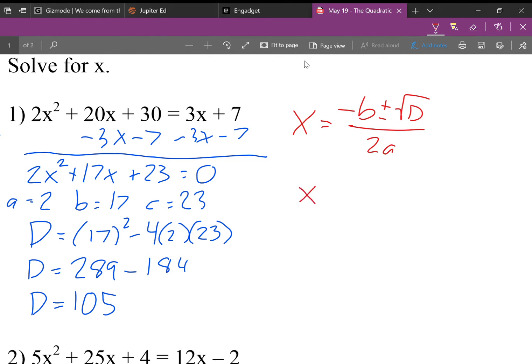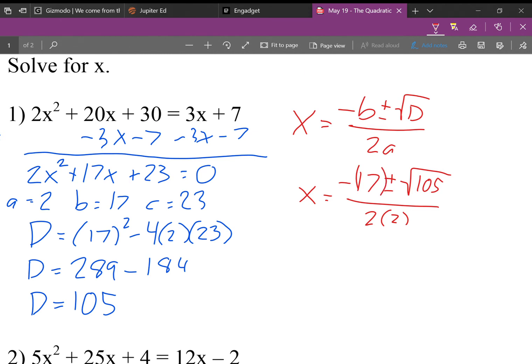So when I substitute here, b was 17, so I have negative 17 plus or minus the square root of 105 all over 2 times a, which is 2. I'm sorry, I need a parenthesis here, don't I?